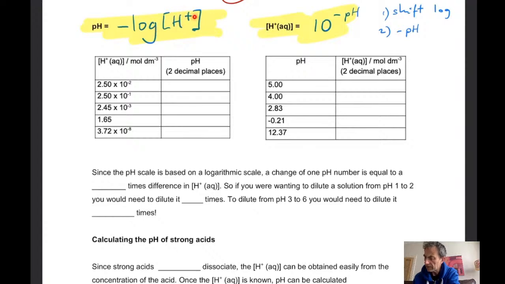I'll give you a minute or 2 to try and do those. It's literally just minus log and then type in the H plus concentration, and see what you get.